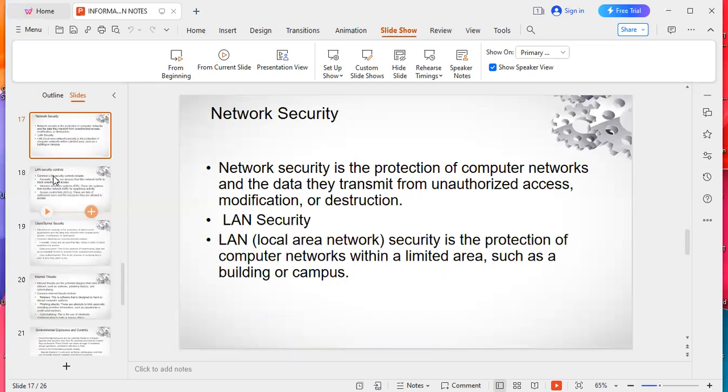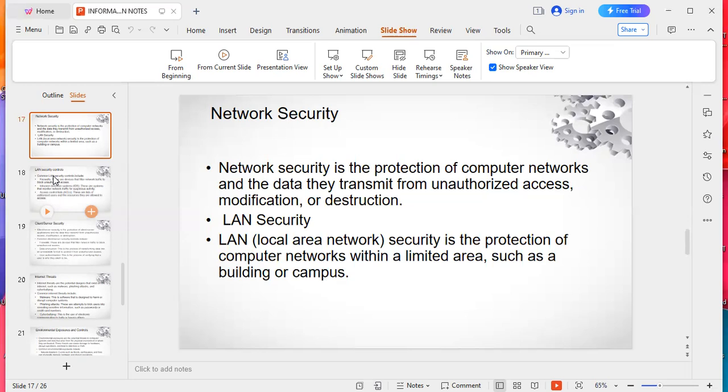Now let's look at network security. Network security is the protection of computer networks, and the data transmitted on them, from unauthorized access, modification, or destruction. Mostly it occurs at the local area network.